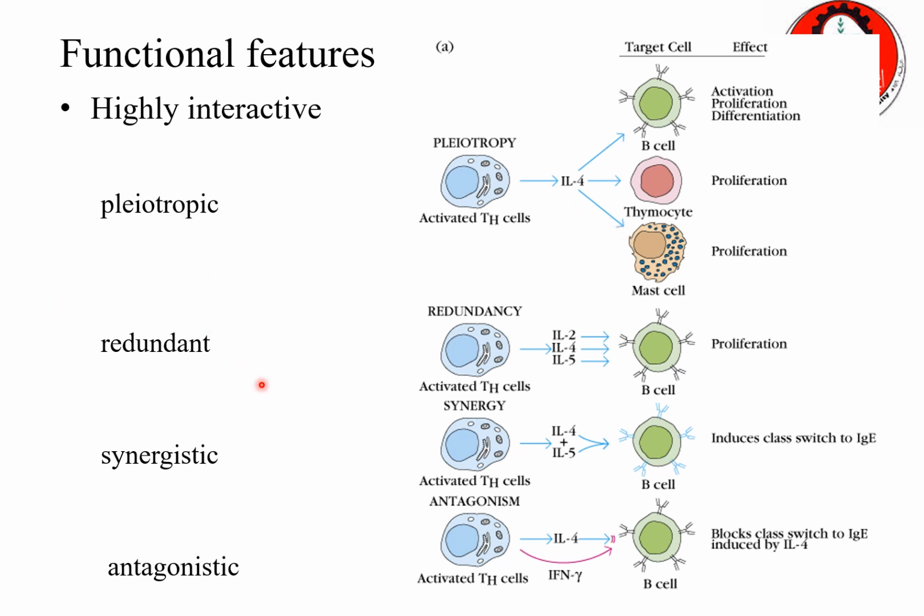Here we have redundancy. Redundancy means that interleukin 2, interleukin 4, interleukin 5, all these interleukins might have the same role and does the same thing. So in this case, interleukin 2, 4, or 5 leads to B cell proliferation. طب كيف بتصير هاي؟ كيف الانترلوكين 2 و4 و5 have the same effect?